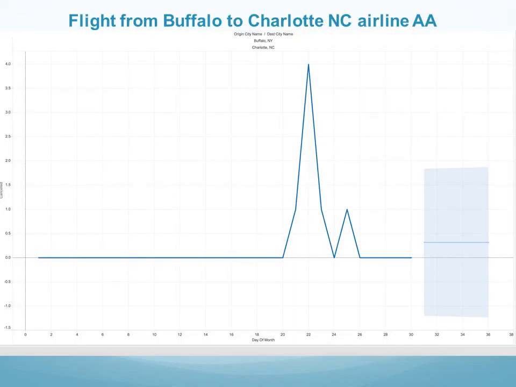On this slide I've taken data for a flight going from Buffalo to North Carolina. As you can see, in the middle of the month there was the highest cancellation rate, and that's because of the weather. Looking forward to the 5 days after January, it looks like my flight has a cancellation rate of 0.5.